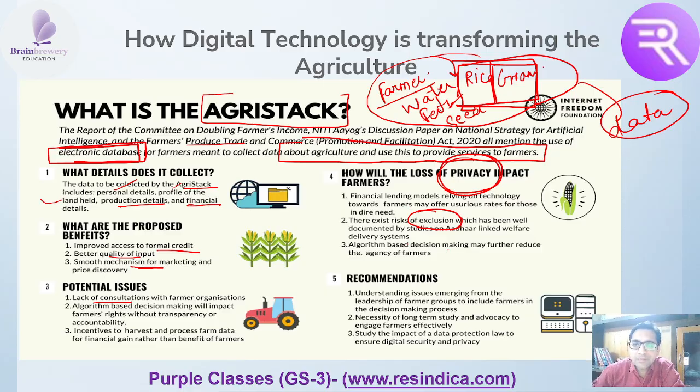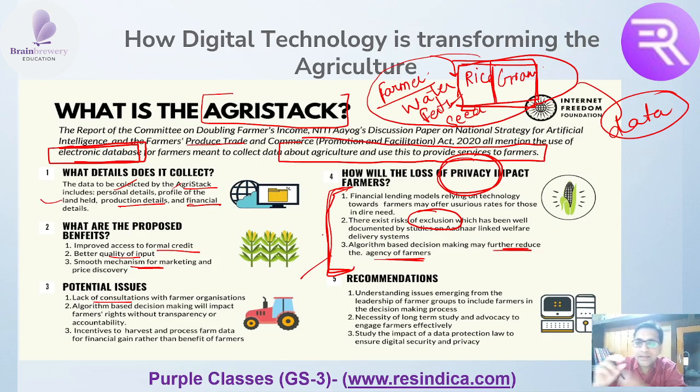Algorithm-based decision making may further reduce the agency of the farmer. If you are following a certain algorithm, or creating certain technologies and understanding the data of the farmer, this is still at a very nascent stage, and it will take some time.